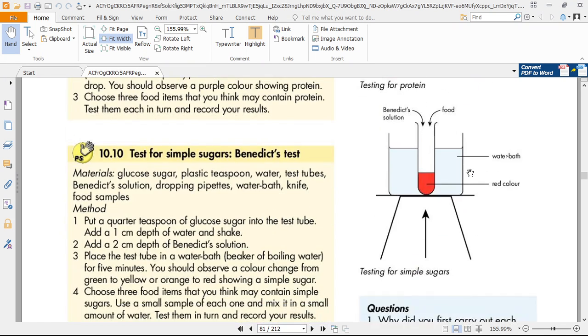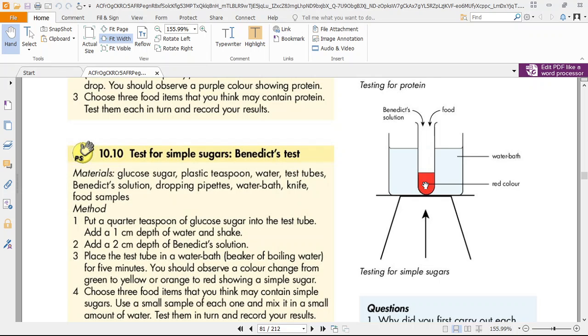Now, for the simple sugar test, you'll get some water bath, and you'll see right here we are not applying fire directly to the test tube or the boiling tube. It is in a water bath, so the water would be boiling, and you put the boiling tube or the test tube inside of the hot water. You will put this food substance, and most times, as you can see, we crush the food substance and mix it with water, because that's how it will appear in the stomach.